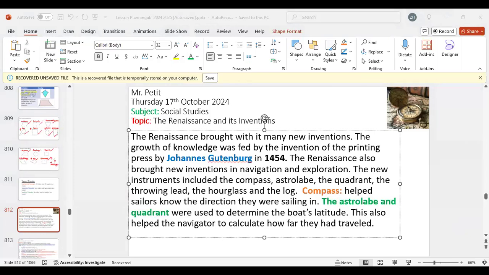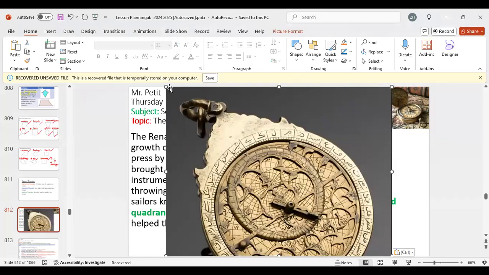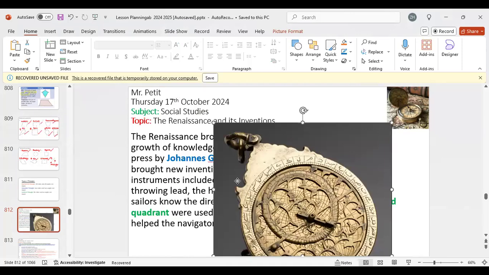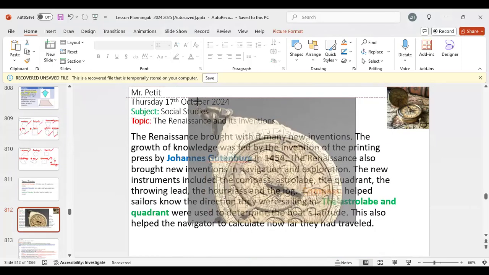So let me just show you the astrolabe. This is a nice one. I'm going to show you multiple images just so you can get a feel of what's happening. This one is actually the astrolabe.